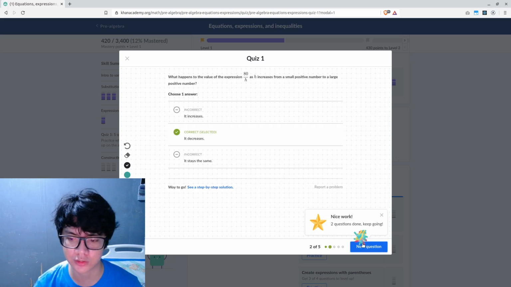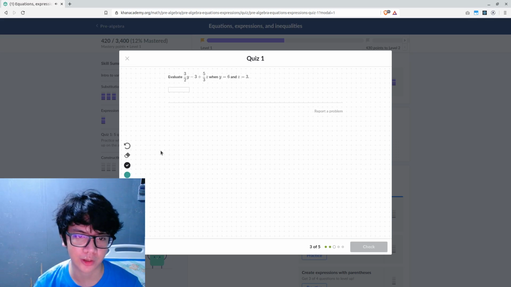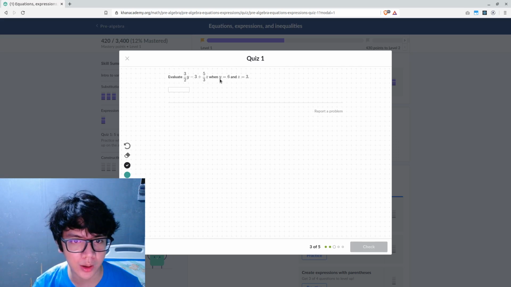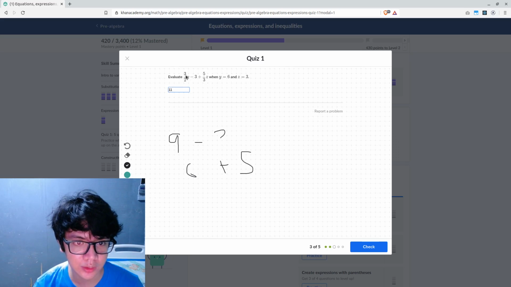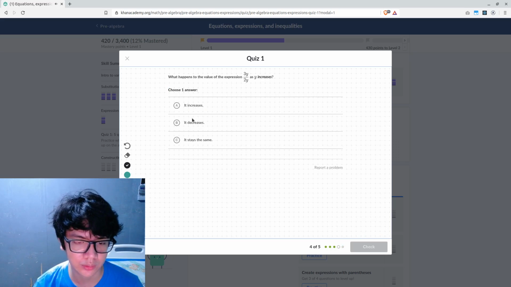Let's evaluate this. 2, 3. We have our y when y is 16. We divide by 3. It's going to be 9. Minus 3. We have 6 plus 5, 11 as well. Wow, cool. But for real, 6? 18, okay. Same.